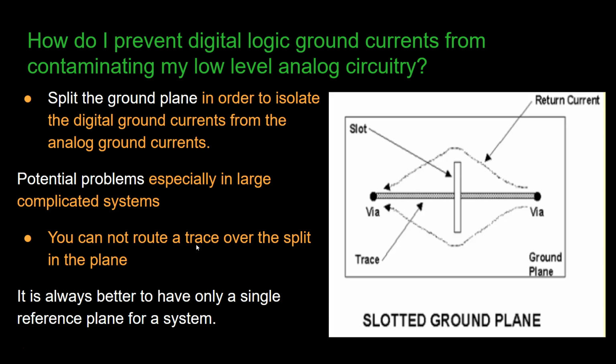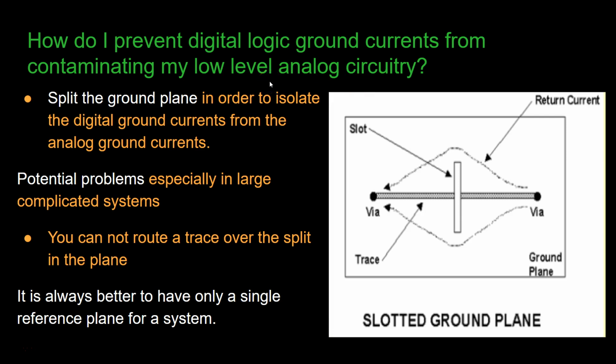Now here it says, how do I prevent digital logic ground currents from contaminating my low-level analog circuitry? If you're working in mixed signal, it might happen that your digital logic ground currents interfere with your analog circuitry, and they can basically make your circuit not work in a proper manner.